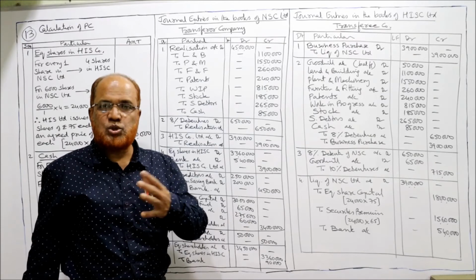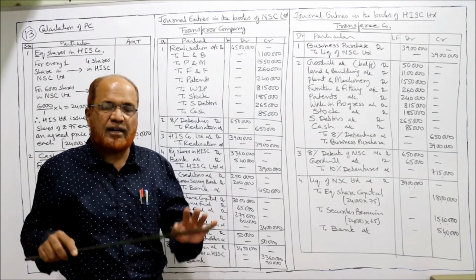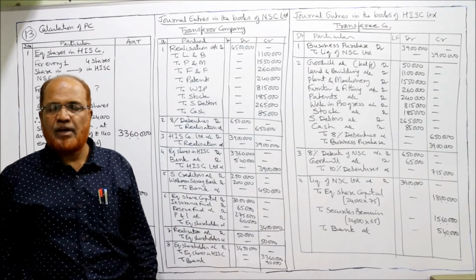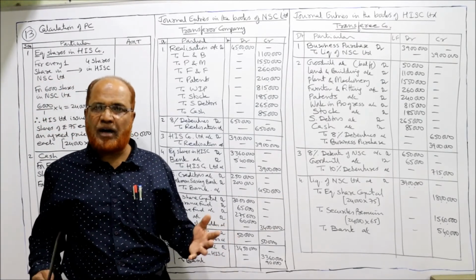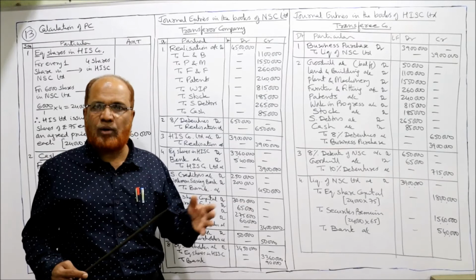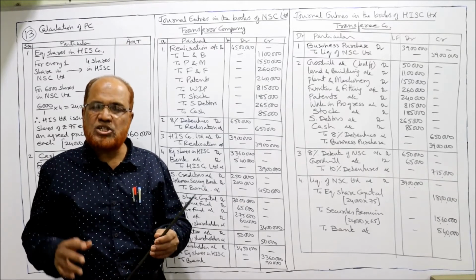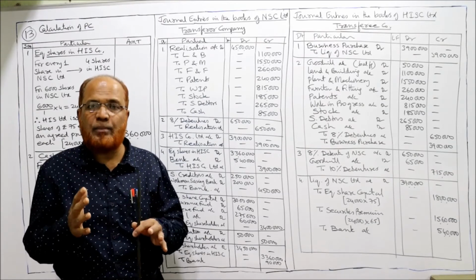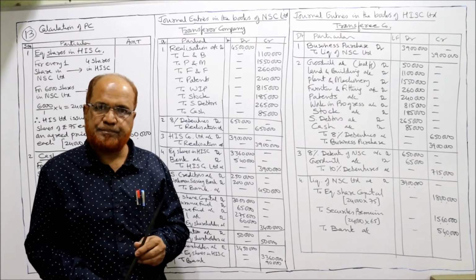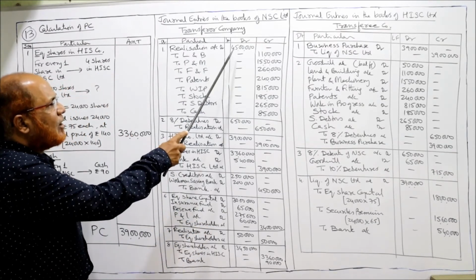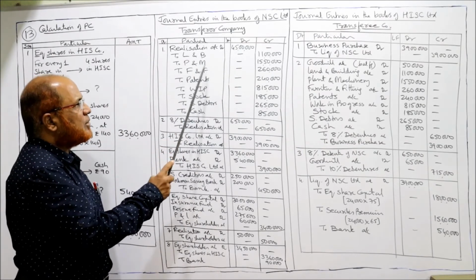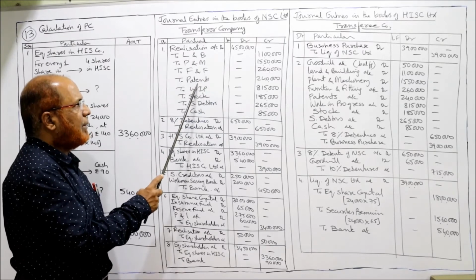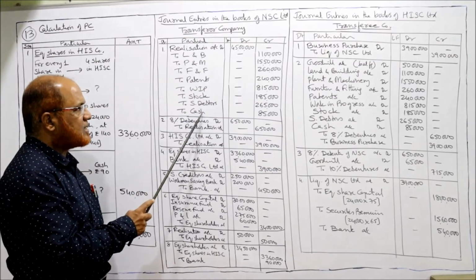I hope students have become acquainted with all the journal entries in the books of the Transferor and Transferee. After doing so many problems, you must be perfect on journal entries, because each and every problem again and again I am explaining so that you can remember for a longer period of time. Now, realization account debit to land and building, to plant and machinery, to furniture and fittings. Land and building, plant and machinery, furniture and fittings, patents, work in progress, stock, debtors, cash.